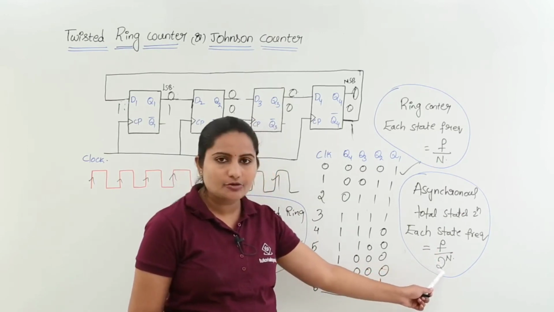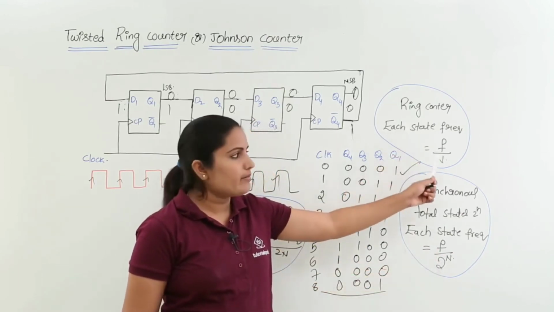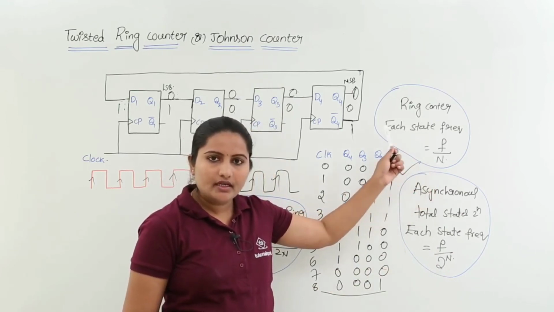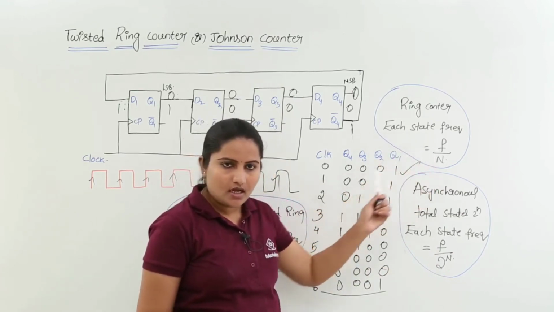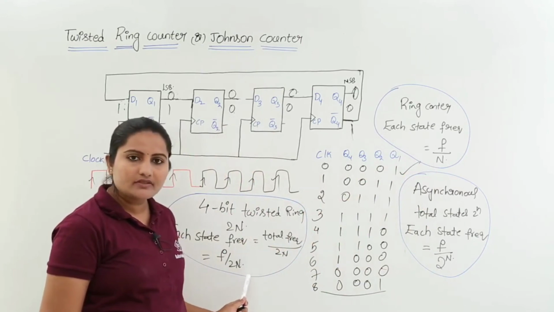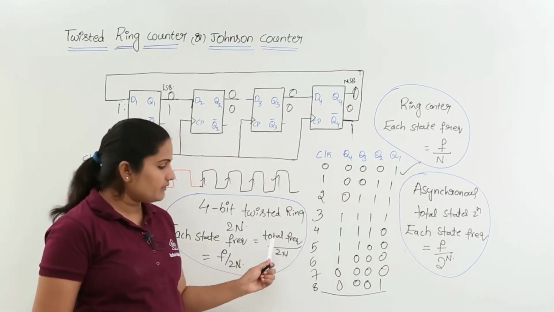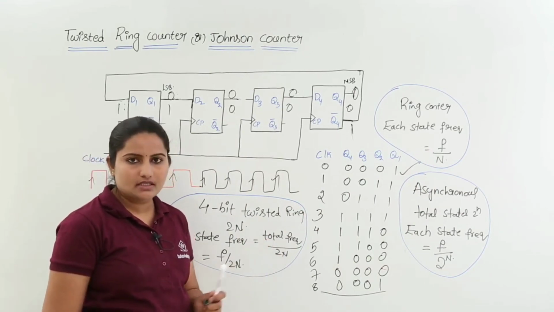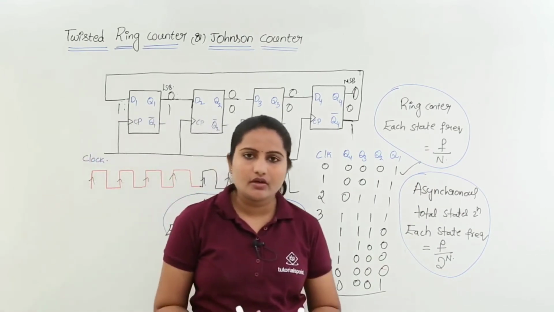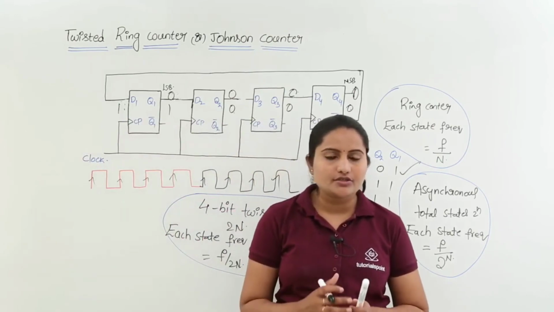For a ring counter, the number of states is only n and each state frequency will be like this. For a twisted ring counter, the number of states is 2n and you need to consider each state frequency as total frequency by 2n. This way you are going to deal with problems related to counters.